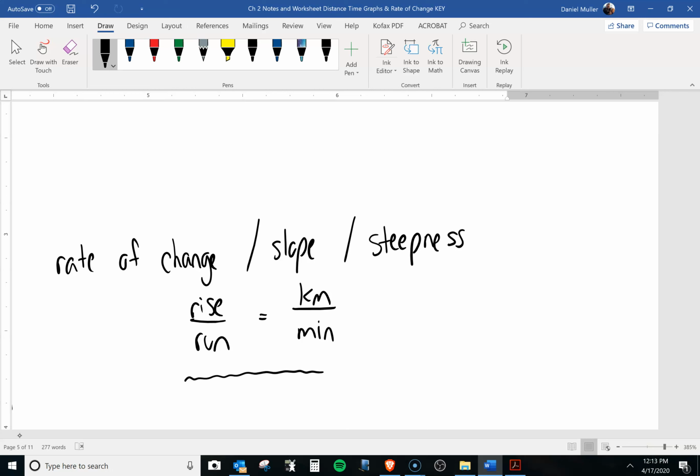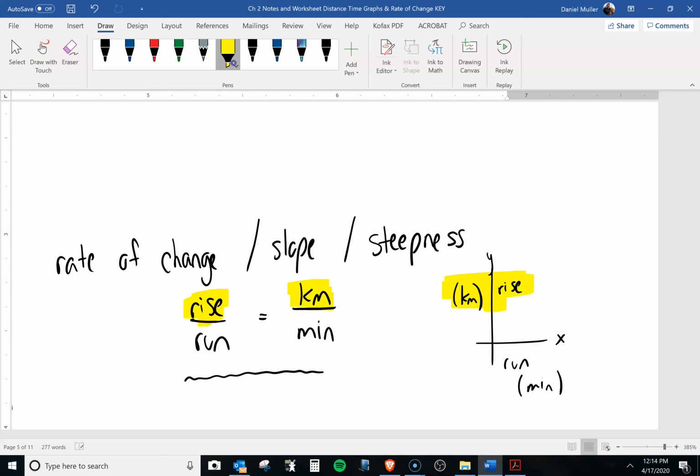Now I've told you before, and we've done a lot of this now, it's rise over run. If you look on the y-axis, this is our y, this is our rise, and this is our x, this is our run. It said right there kilometers, and here it said minutes. So that's how I got my rise, in kilometers, and then my run is in minutes.